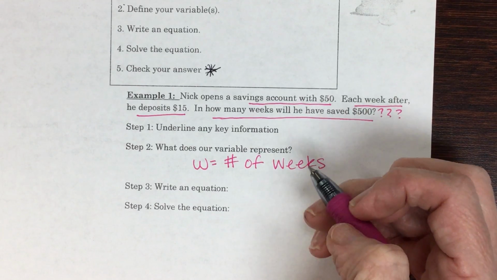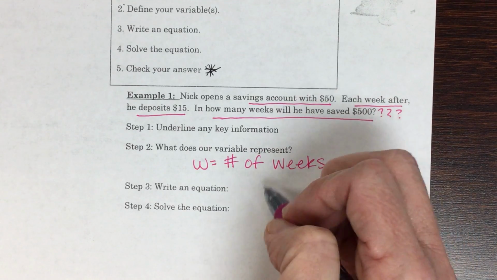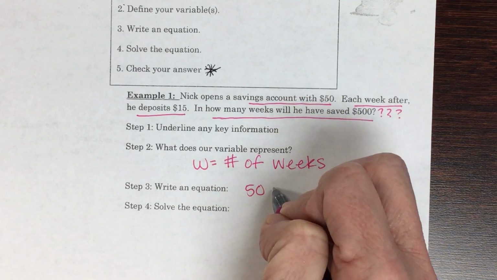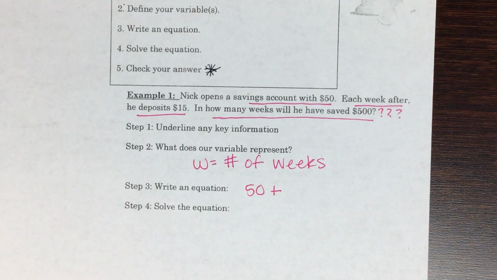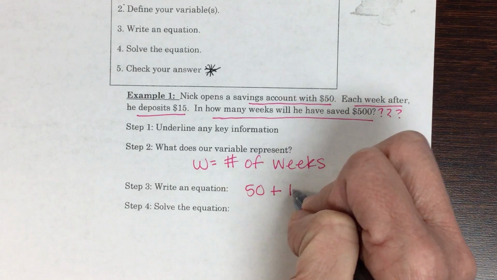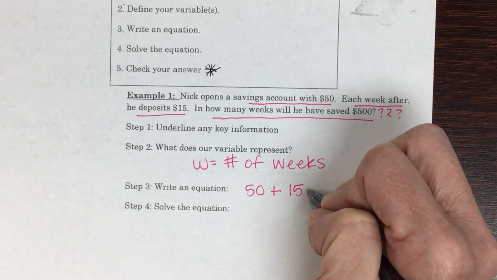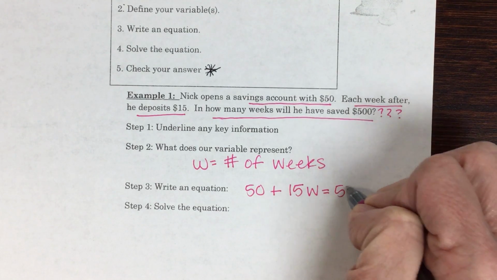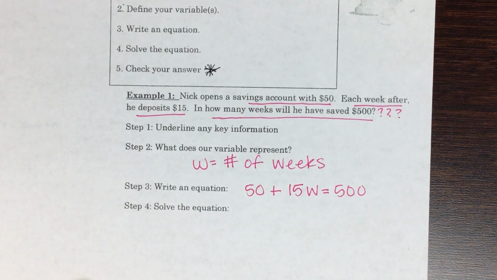Okay, so he opens it with 50. So we can do 50 plus $15 per week after that, and his total amount is $500 that he saved.